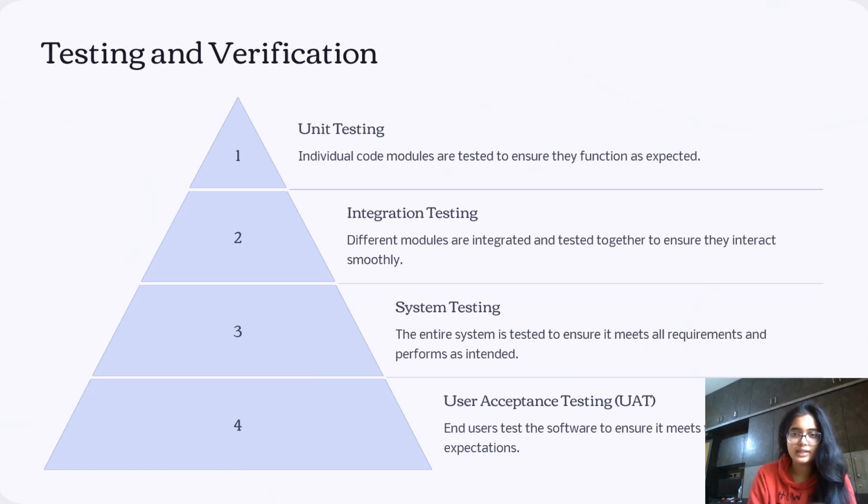Different modules are integrated and tested together to ensure they interact smoothly. Third is system testing. The entire system is tested to ensure it meets all requirements and performs as intended. Fourth is user acceptance testing. End users test the software to ensure it meets all the requirements and their expectations.